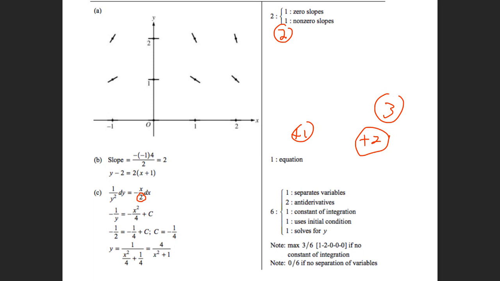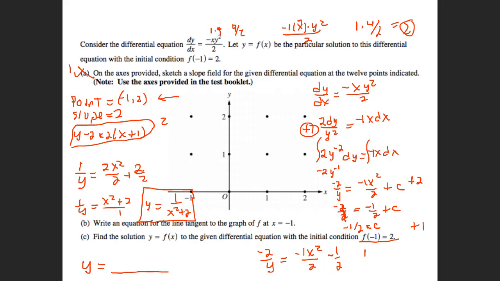So a lot of times when you're doing the separation of variables, when you get to this point, that's why I always tell students, plug the value in as soon as you take the integral. You want to plug the C value in, because I've had kids where they've multiplied through and then their C value doesn't even come close to what it's supposed to be.